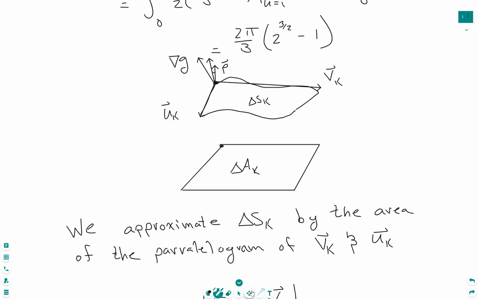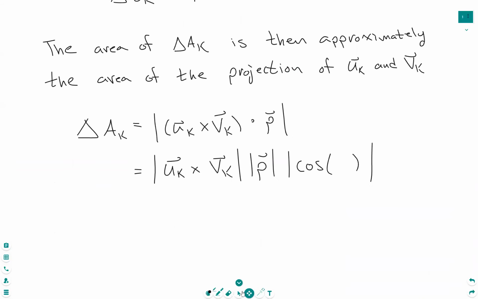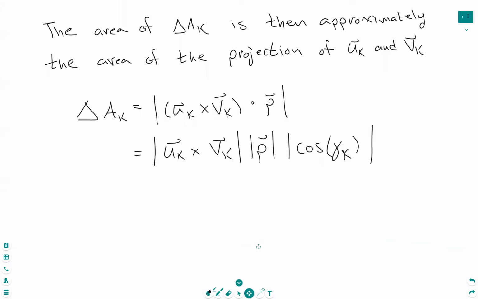We'll call that angle gamma k, some angle between these vectors. So this has a length of 1.